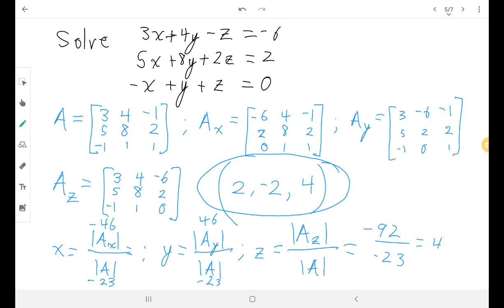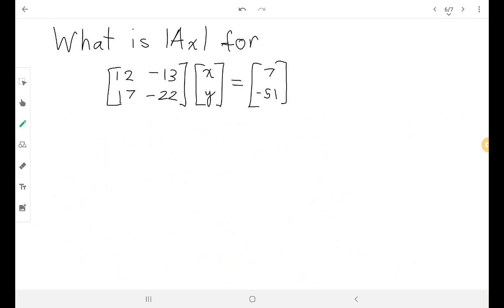Okay, there being no questions, I will move on. This comes from things that were in either the practice problems or in the quiz that had slightly different notation, and I thought you should at least see what it looks like so that you're prepared. What is the determinant of A sub x for this?